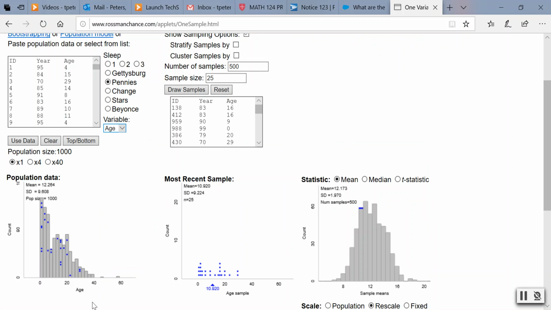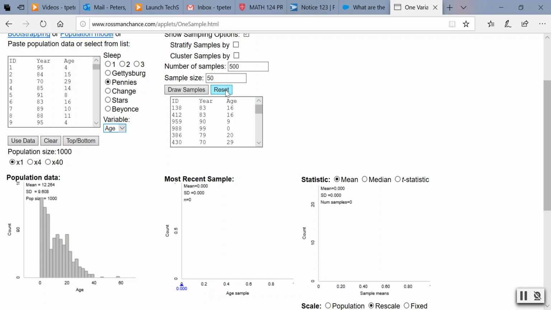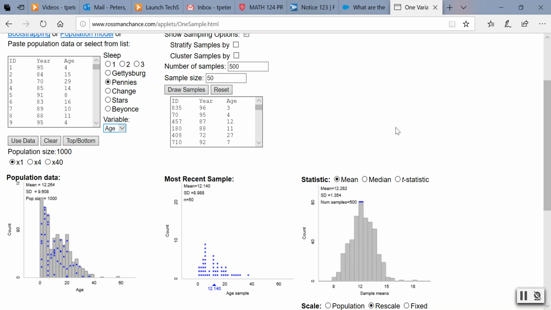So finally, let's increase the sample size to 50. Draw 500 samples, and here we go. The sampling distribution of the mean looks like this. Its mean is 12.282, standard deviation 1.354, and it's looking more and more symmetric.